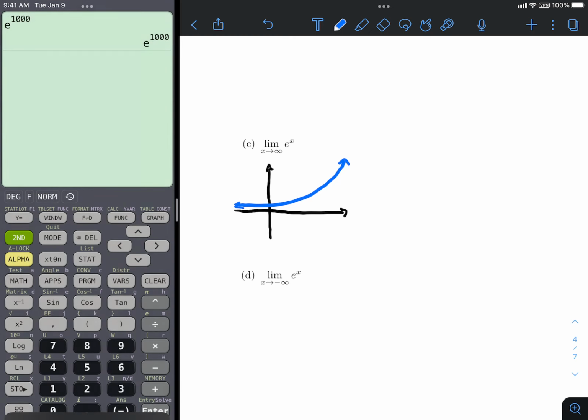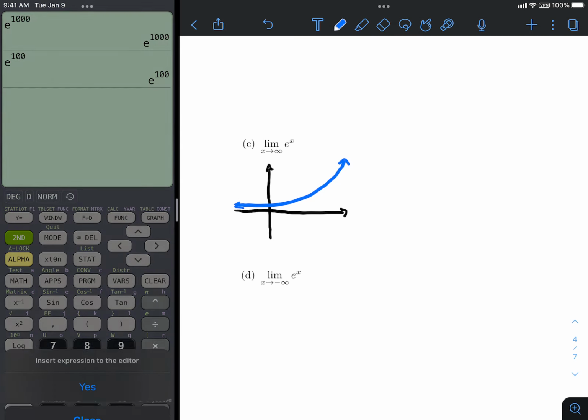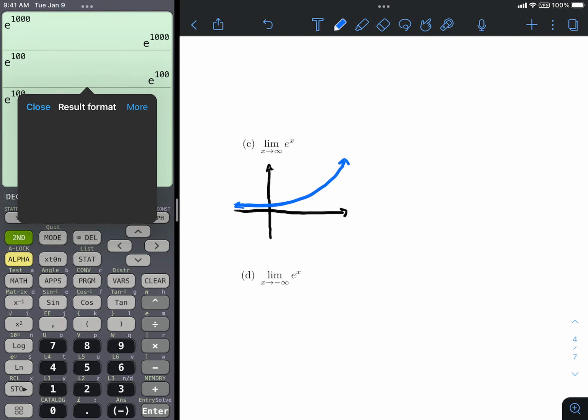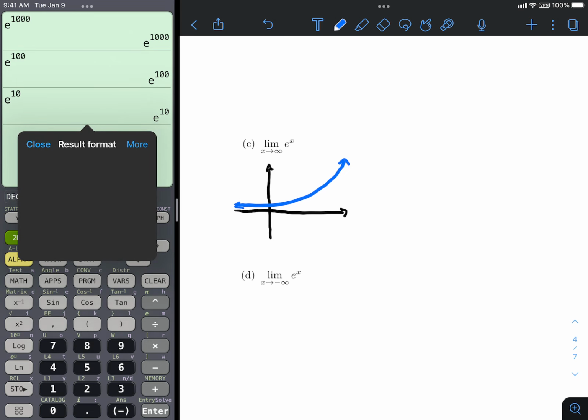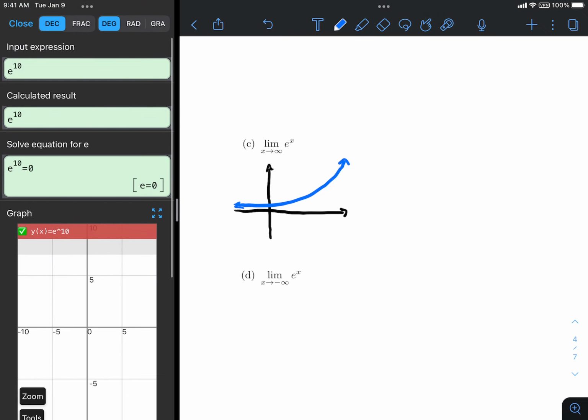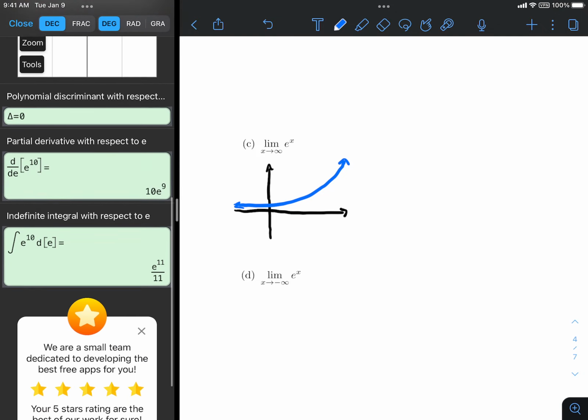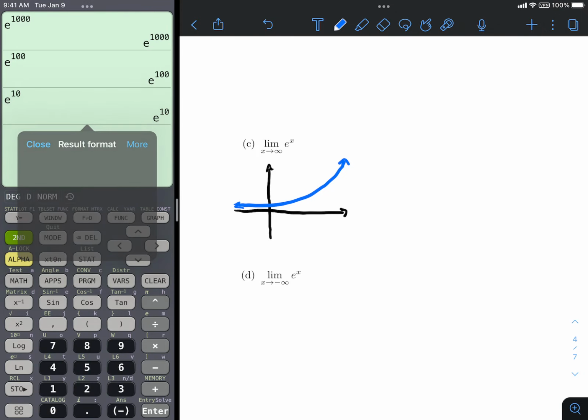Maybe that's too much for my calculator. So let me maybe pick a smaller one. You see how fast it's growing because my calculator couldn't handle it. So if I do 100, can it handle it? Apparently not. How about just 10? Let's see if it can handle e to the 10th power. Apparently it can't give me an approximation, but this is going to get very big, because we're multiplying e times e times e over and over again, and the result is getting bigger.